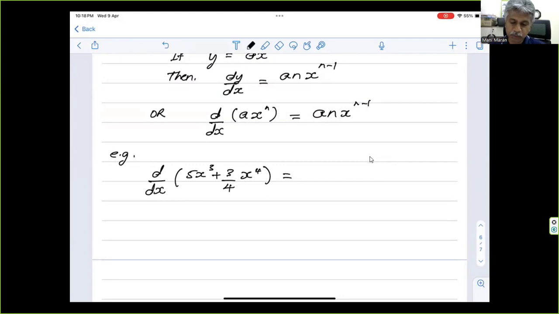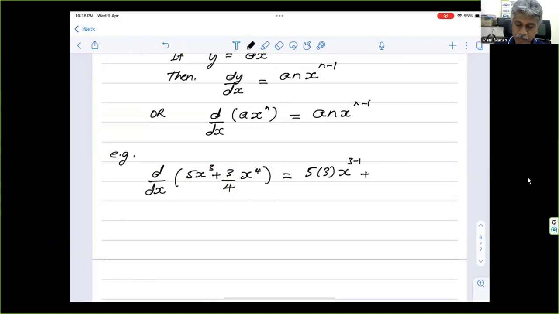Okay, so whenever you got a plus sign like this, it means you can consider this as two separate functions, and differentiate one by one. So for the first part, you have a 3 there, bring the 3 behind the 5. Now you'll get 5 multiplied by 3 x to the power 3 minus 1. So here I write 3 minus 1, but actually you can write 2 straight away.